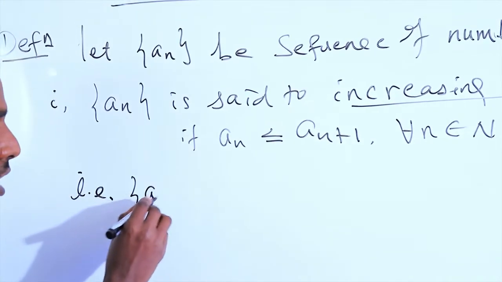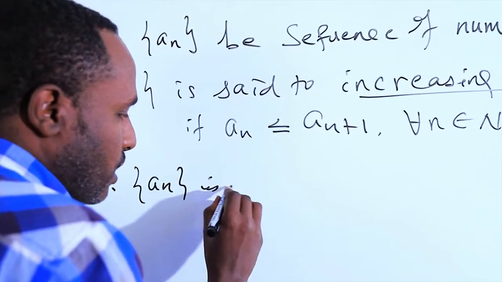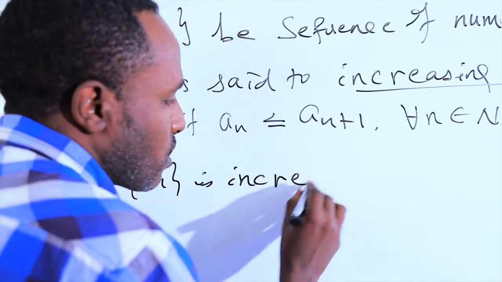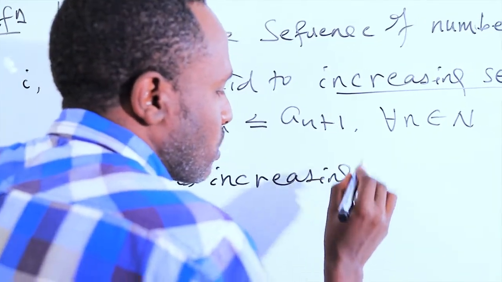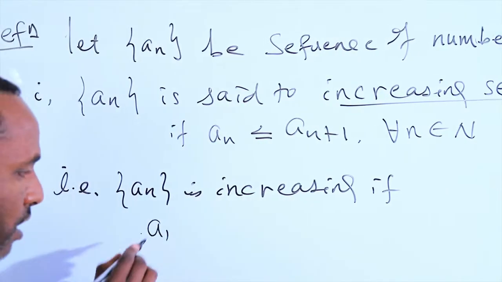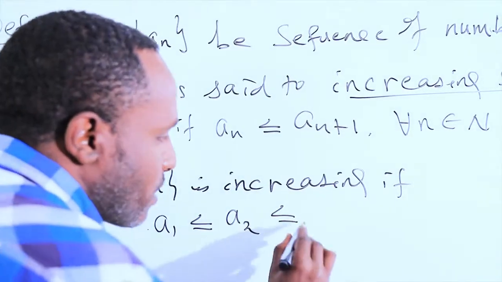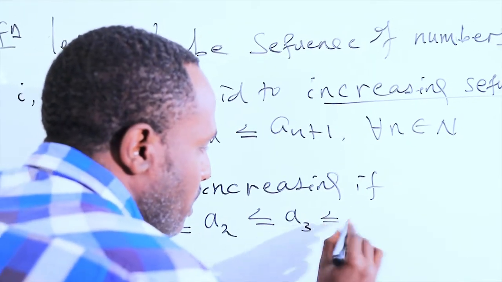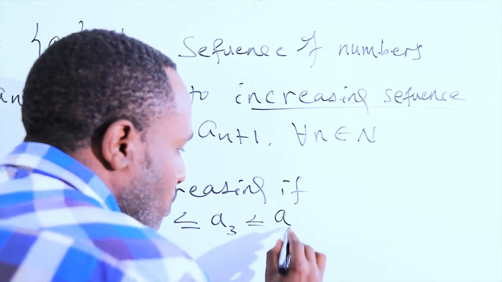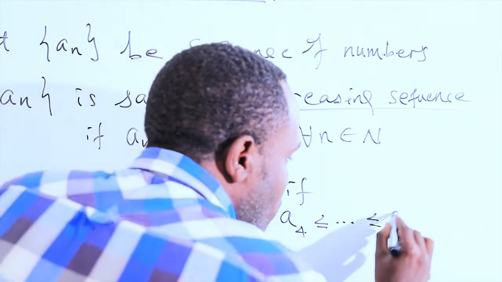That means the sequence AN is said to be increasing if we can say A1 is less than or equal to A2, A2 is again less than or equal to A3, and A3 is also less than or equal to A4, and so on.